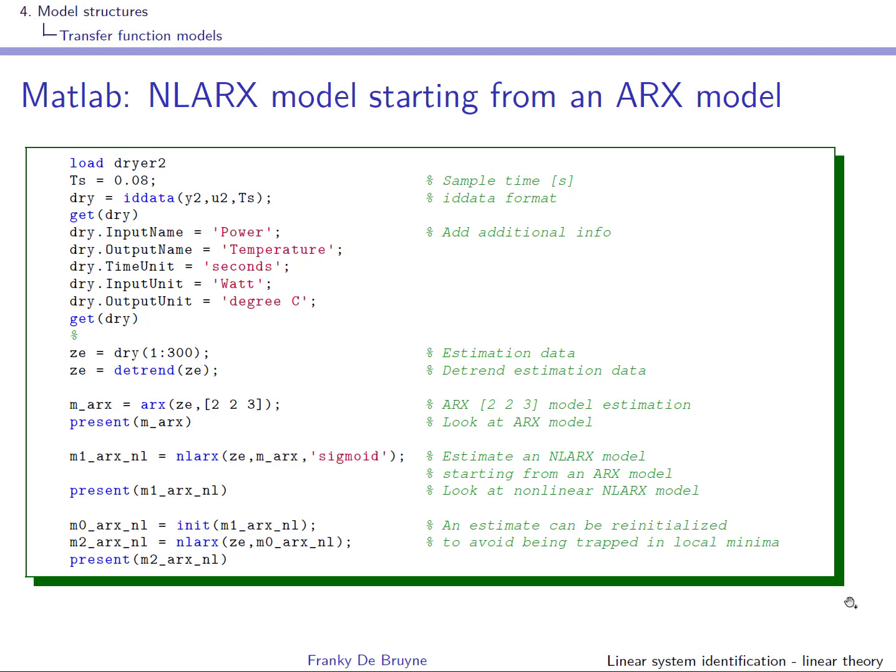If it does not bring a substantial improvement, keep the ARX model, because it is really much simpler from a computational point of view and from an implementation point of view. For instance, if you have to implement your linear predictor on a PLC, this will of course be much simpler than implementing a non-linear predictor.